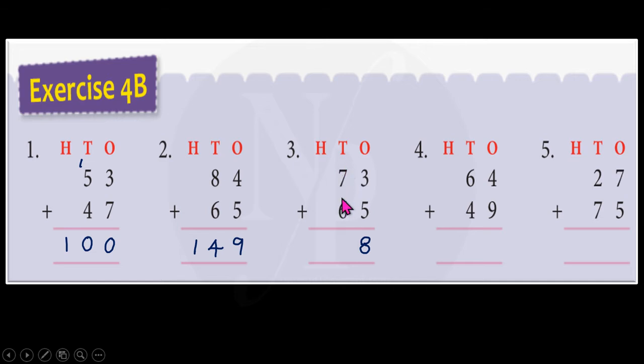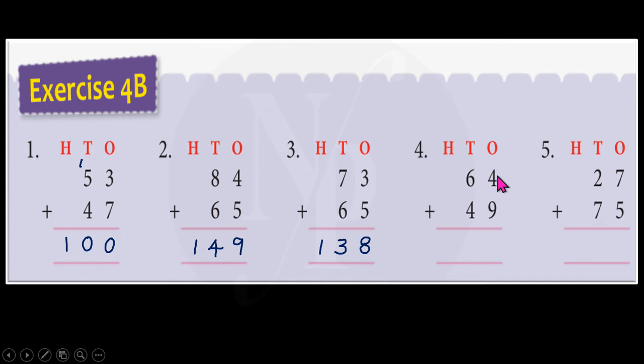And 13 tens are regrouped as 100 and 3 tens. So we write 1 in hundreds column here, 3 here in tens column. So the sum of 73 and 65 is 138.